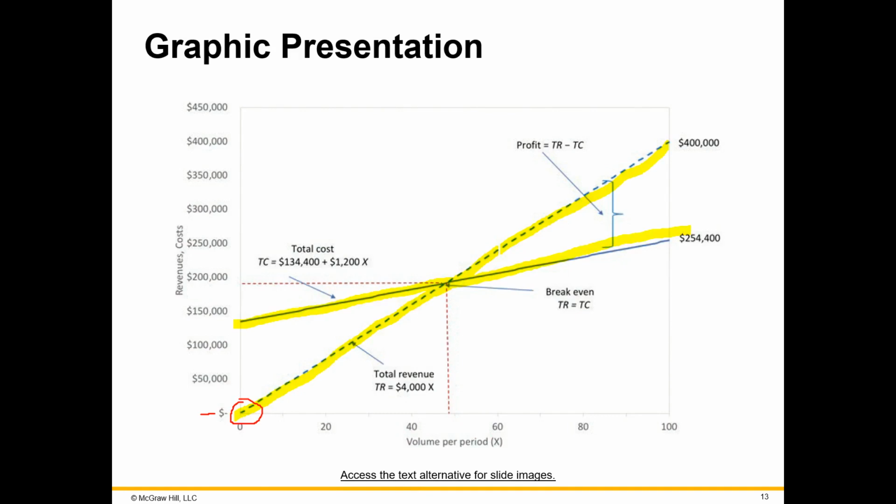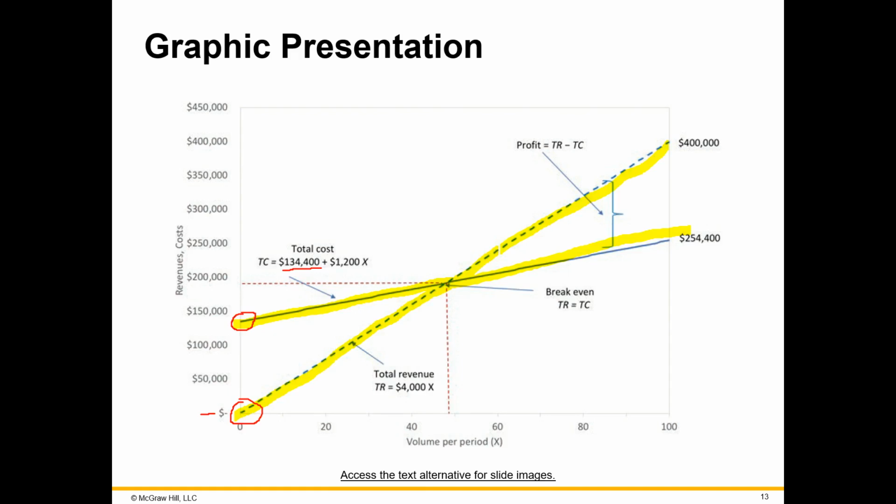So in this case, it looks like your fixed cost is going to be $134,400, and so this line starts not at 0, but it starts at $134,400. That means that if you never sell a single trip, you still incur that fixed cost of $134,400.